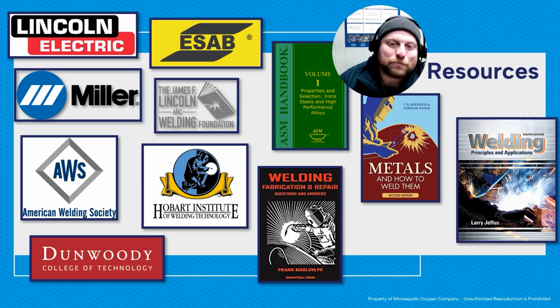Some resources that I use for this: Lincoln and Miller have excellent online education resources and many cool documents, if you haven't looked at that. ESOP, same. The James F. Lincoln Foundation is one of my very favorite things. That's where I got the Metals and How to Weld Them book. And I also have it right here.